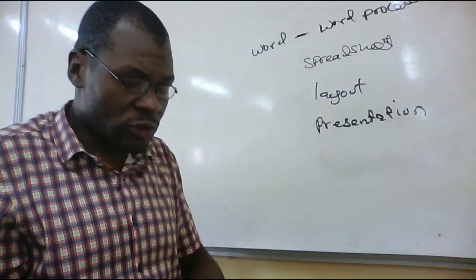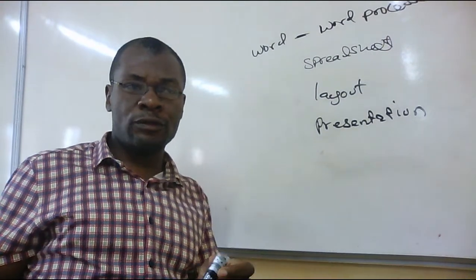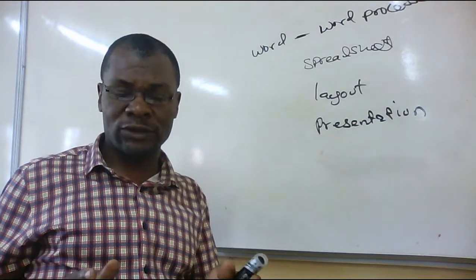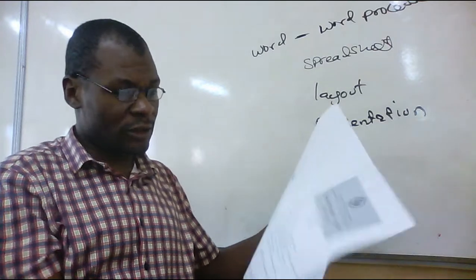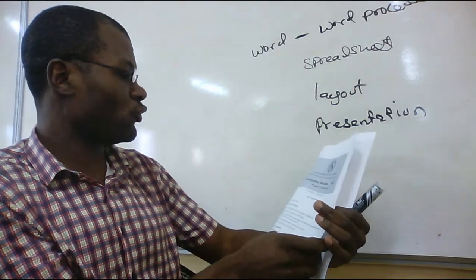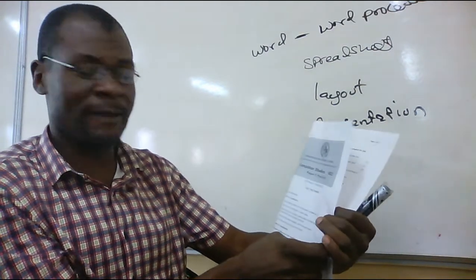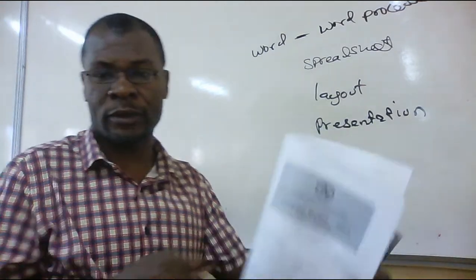When they ask you to use presentation software, one of the choices you can look at is PowerPoint. So, to go through PowerPoint nicely, I would want us to look at one of the past papers here. This paper is for 2017, day 2.